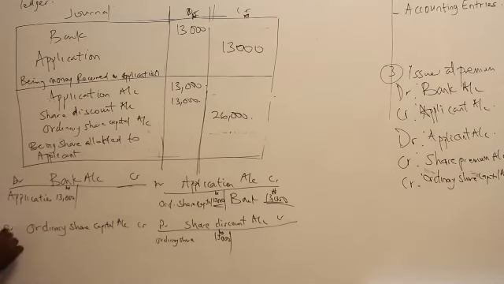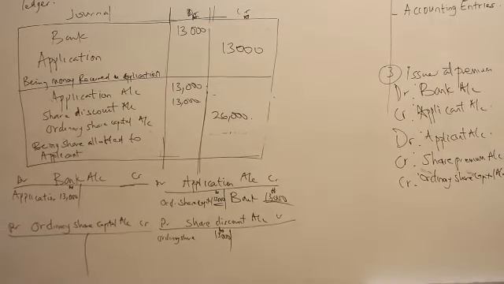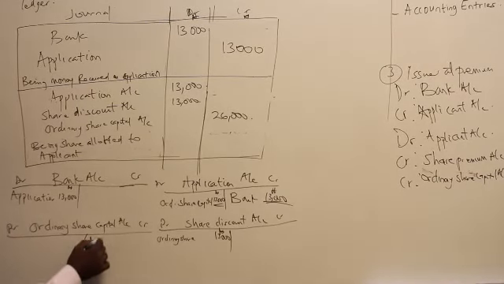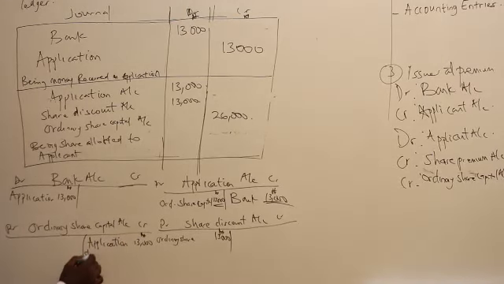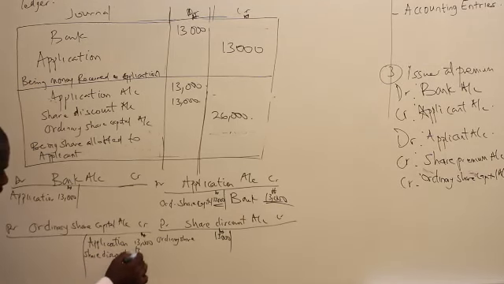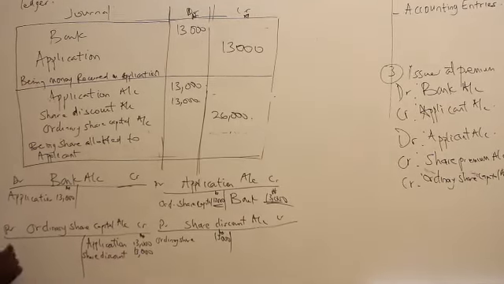The credit and debit. So ordinary share capital account will be credited, with application account, which is the corresponding account there. Application will have 13,000 naira, and share discount we have 13,000. That will be 26,000 naira, which must be valued.